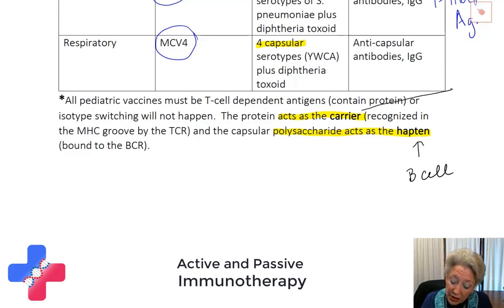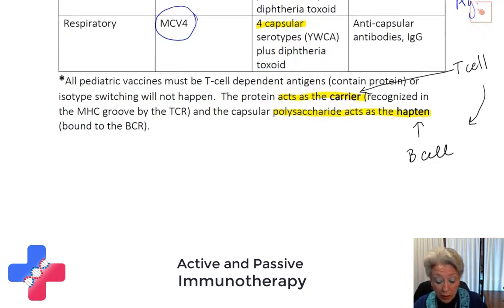It is the T cell who is responding to the carrier. But as long as these two are joined together, I'm going to get all of those cytokine signals and co-stimulatory molecules and so forth that I need in order to make a full-fledged, full isotype response with memory.